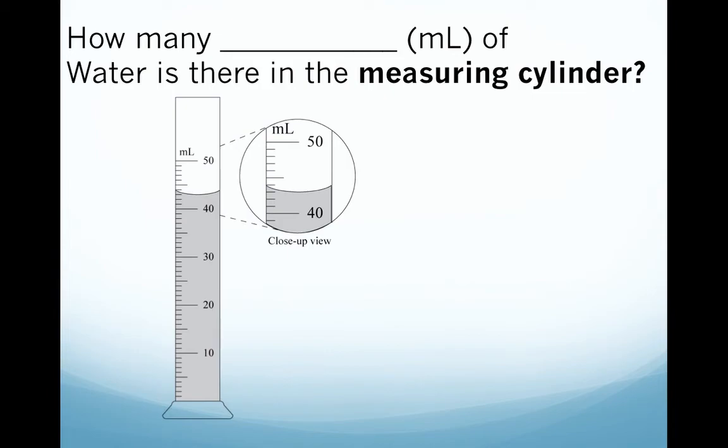How many ml, milliliters, of water is there in the measuring cylinder? Let's see if you can say that sentence. Repeat after me. How many milliliters of water is there in the measuring cylinder?